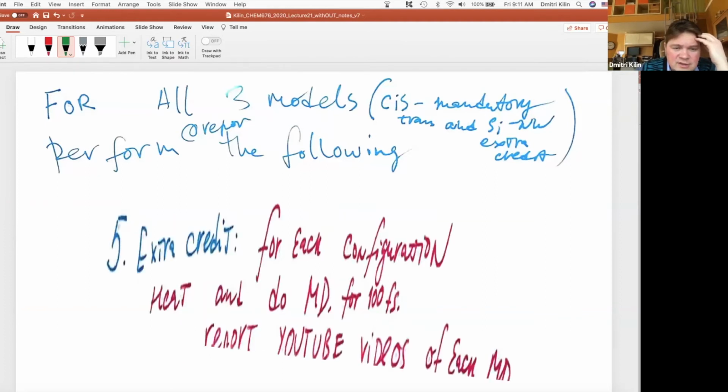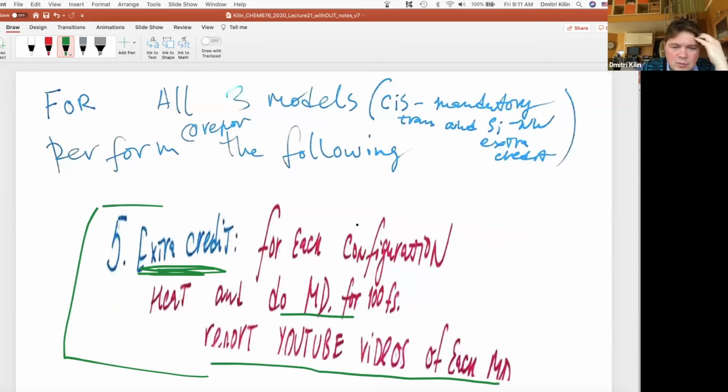And the main thing, which if you do only this one, I think it will be equivalent in credit to all other things: for anion, cation, and triplet, heat and do molecular dynamics and upload it to YouTube. So this is the main thing that would be most helpful to the projects.